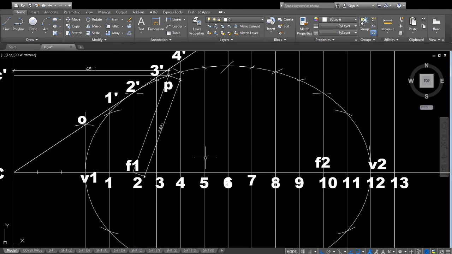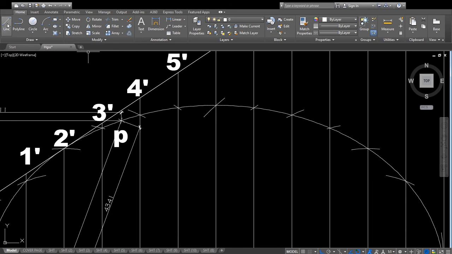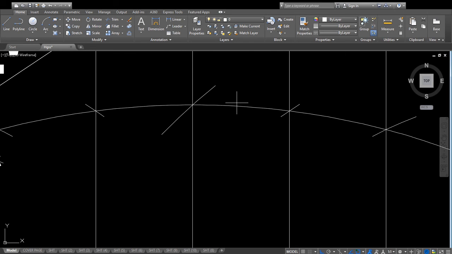Now the other rule said if you pick a point anywhere on this elliptical arc, let's say at this point, we pick a point here.